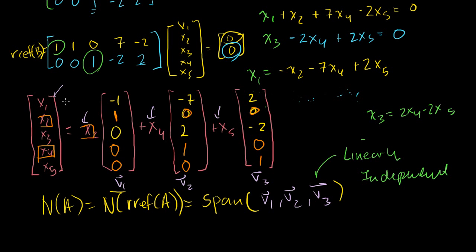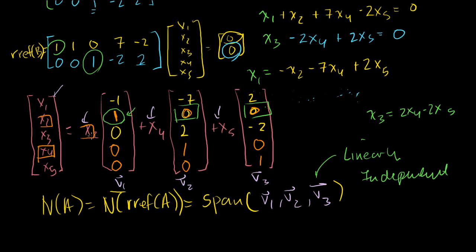This v1, he has a 1 right here. He has a 1 in the second term because he corresponds to the free variable x2, which is the second entry. So we just threw a 1 here, and we have a 0 everywhere else in all of the other vectors in our spanning set. And that's because for the other free variables, we always wanted to multiply them times a 0, right? And this is going to be true of any kind of null space problem we do.